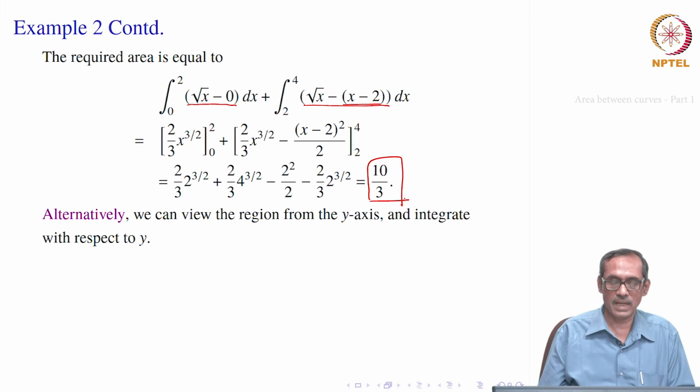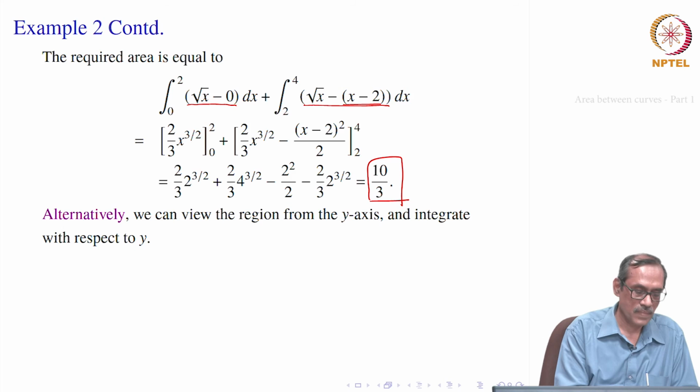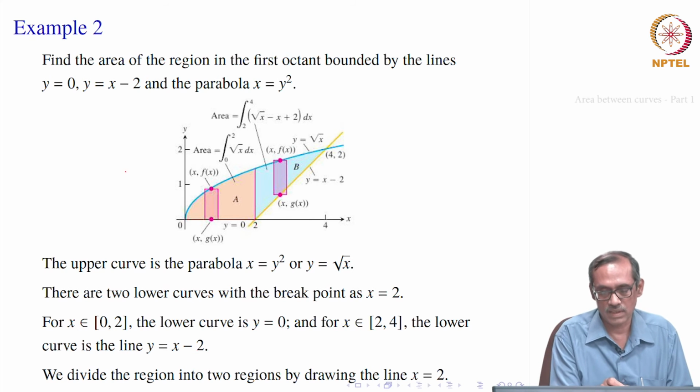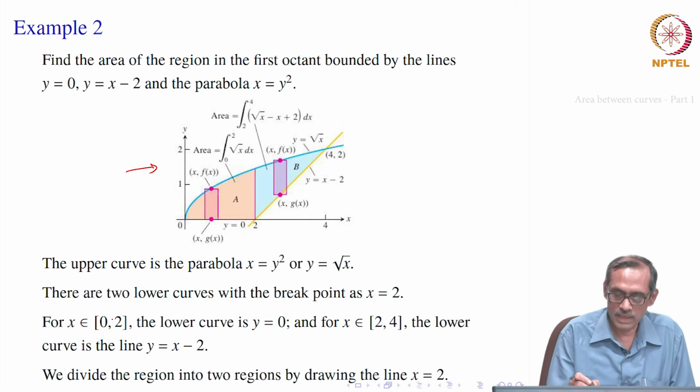Fine, but there is another way of looking at it. Just look at the picture. If you view the region from the y axis, from the other side, you can see you have the curve x equal to a function of y, which is the yellow one. This is x as a function of y, and then you have the parabola as x as a function of y again, right.